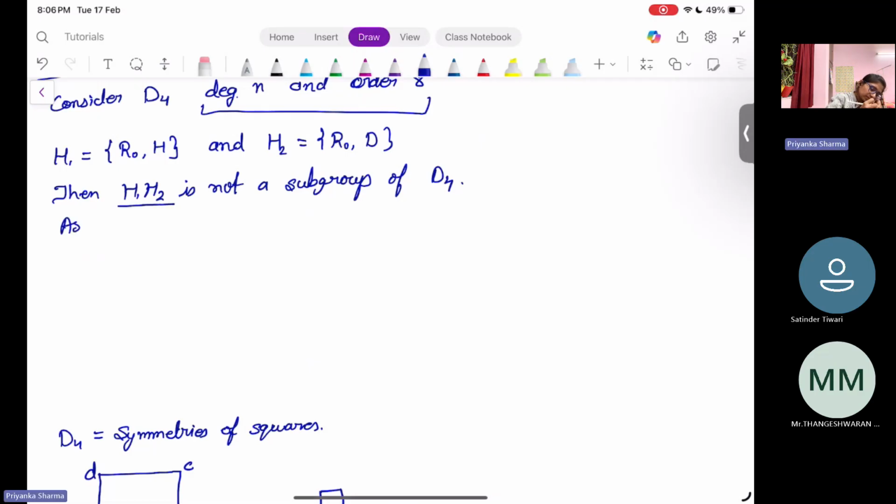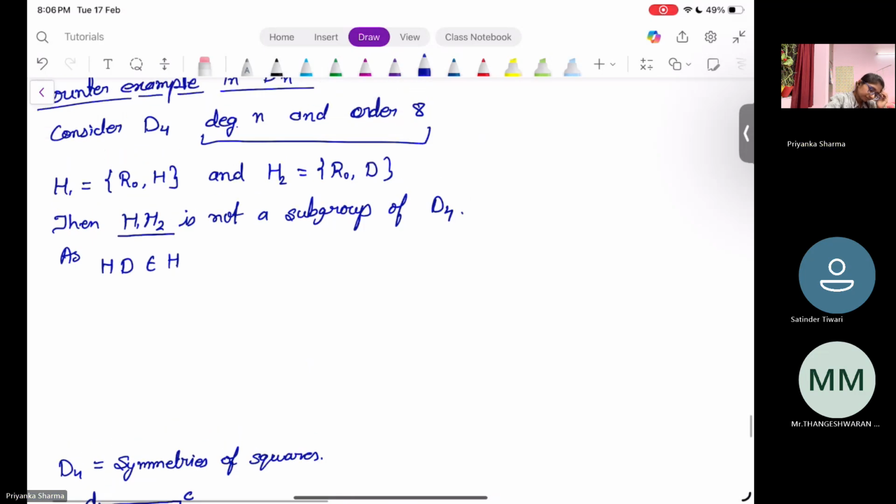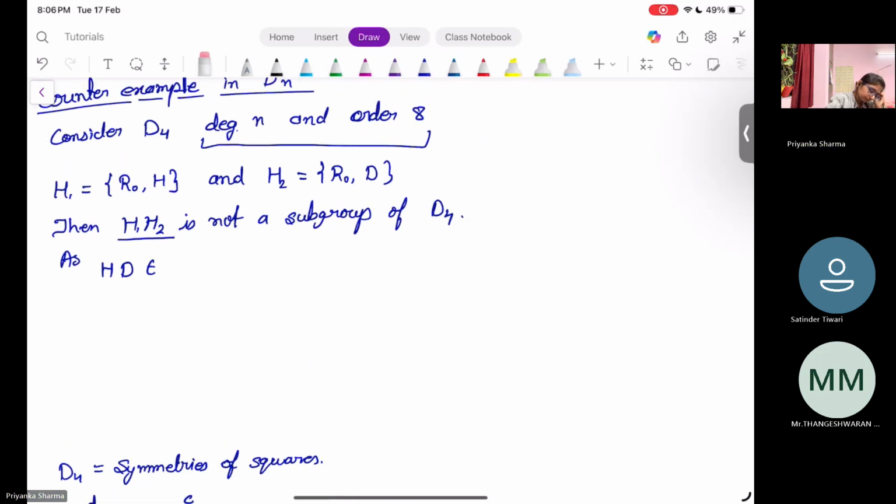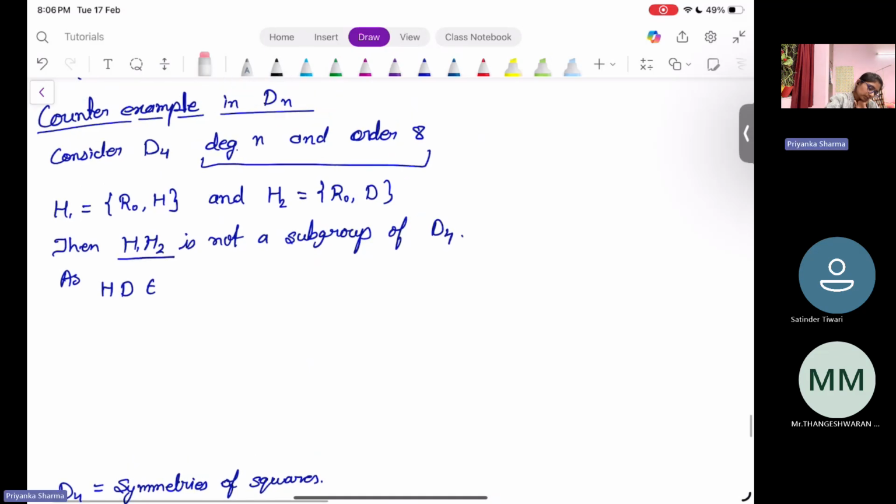If H1 H2 is a subgroup, it will be closed. It means HD must be in it. Okay, let's construct this. What is H1, H2?